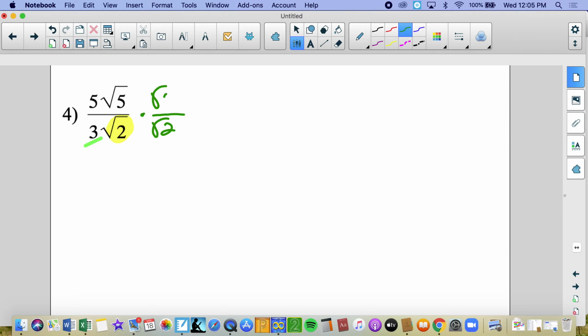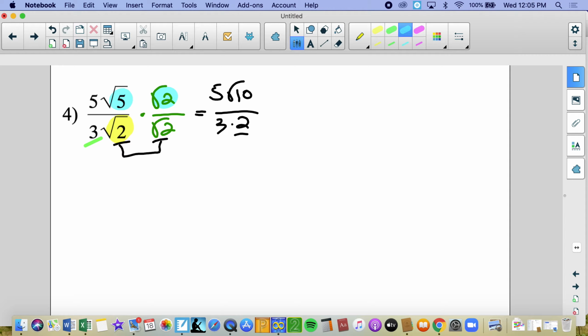I have to get rid of a rad 2. So if I multiply it by rad 2, that rad 2 becomes a 2. So we get 3 times 2. These two produce this 2. And then up in the numerator, we have 5 rad 10. And we're multiplying the two radicals, and notice it's not affecting the number outside the house.